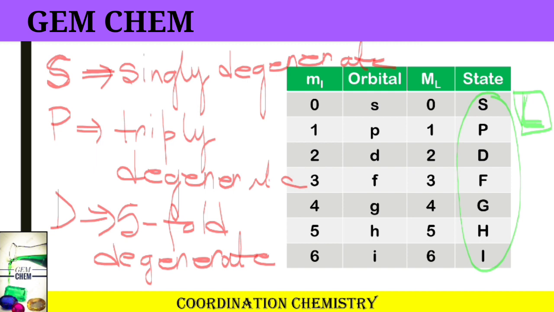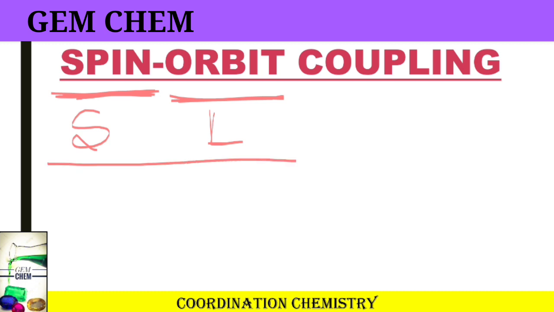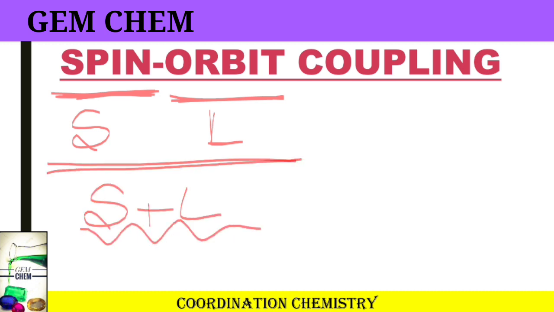So these are the ways of spin-spin coupling, and now we had learnt about orbit-orbit coupling. Last one which we are going to deal with is spin-orbit coupling. So spin part is our S, orbit part is our L. So when we are coupling these two, we are performing LS coupling.